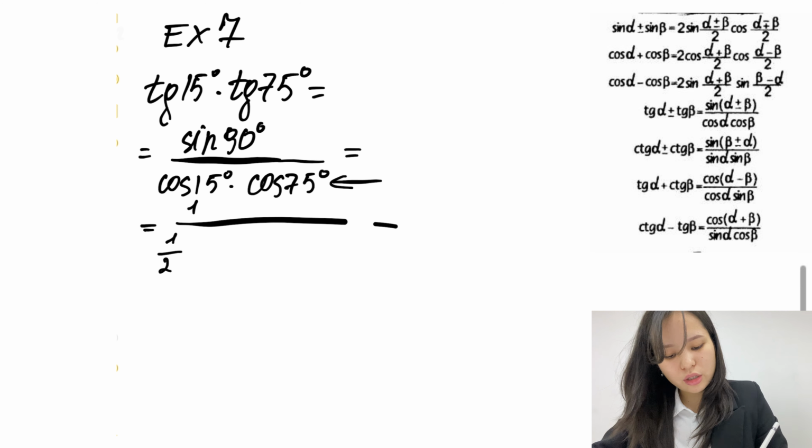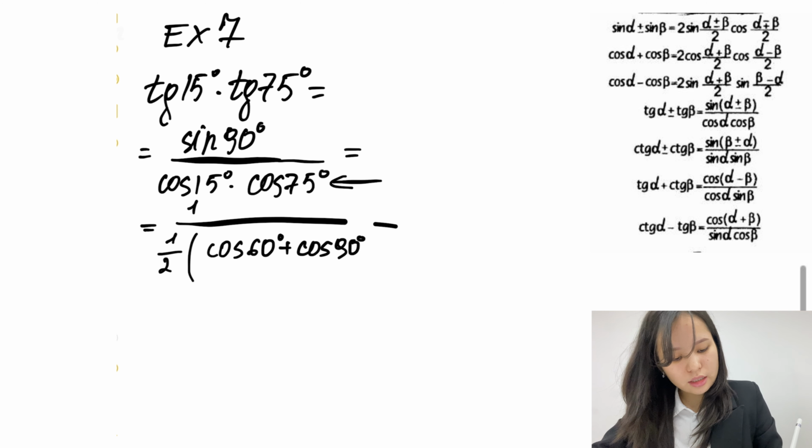It will be equal to 1 over 2 multiplied by cosine 60 degrees plus cosine 90 degrees.